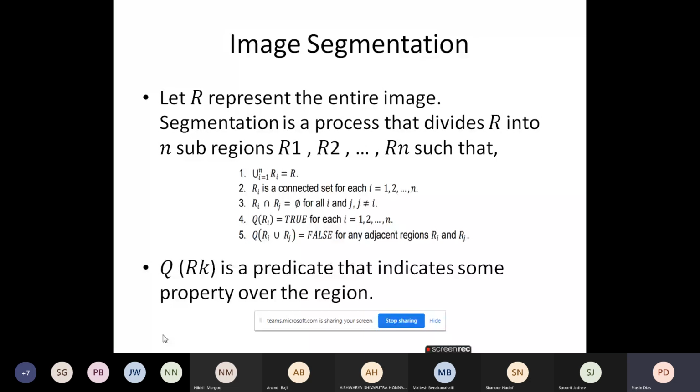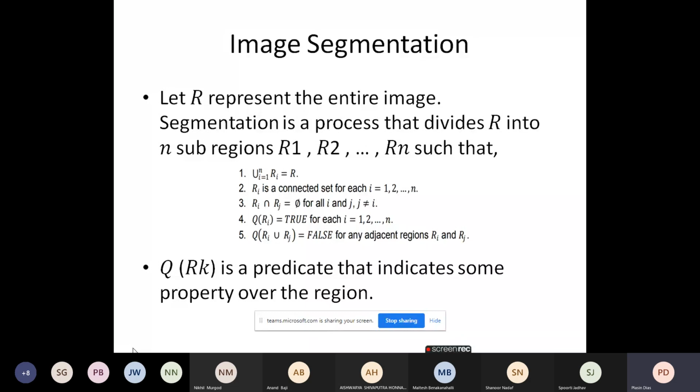So when you write Q of Ri equal to true, it means all pixels in Ri have the same intensity. Please remember, all pixels in Ri have the same intensity. Okay, so let's see the last condition.